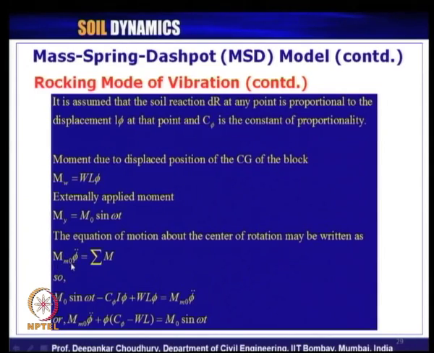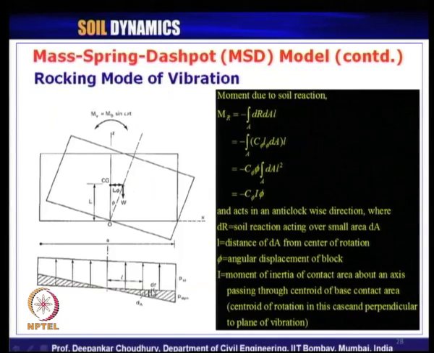So, this mass moment of inertia times acceleration will give us the inertia force, which should be equated with the sum of all other moments which are getting generated externally, because of soil pressure, displaced location of CG and the applied moment.